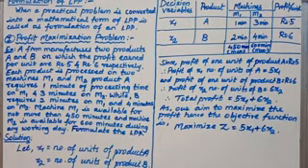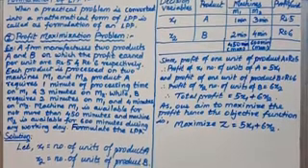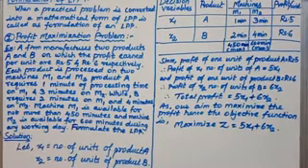This is our objective function. Now our aim is to construct the constraints from the given table itself.